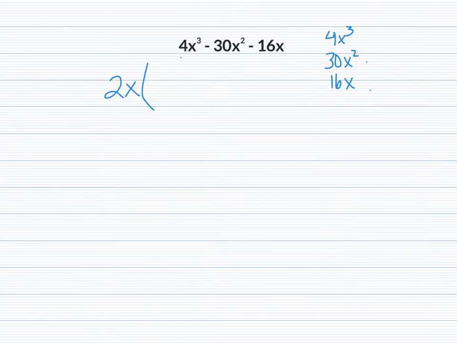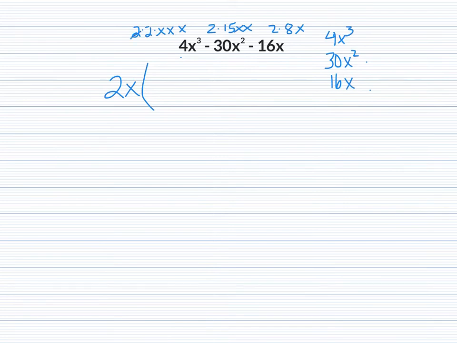When I pull out 2x, 4x to the third is 2 times 2 times x times x times x. 30 is 2 times 15, x and x. 16 is 2 times 8 times x.